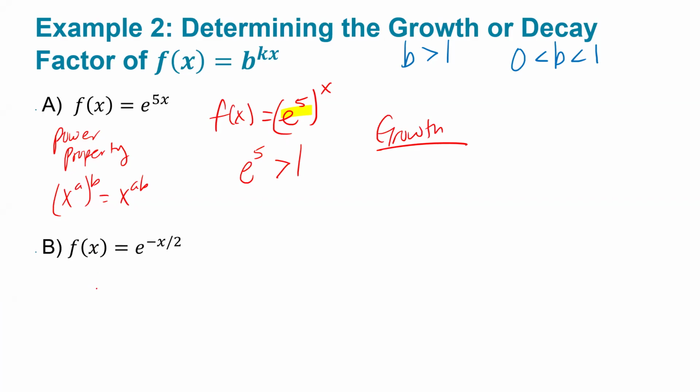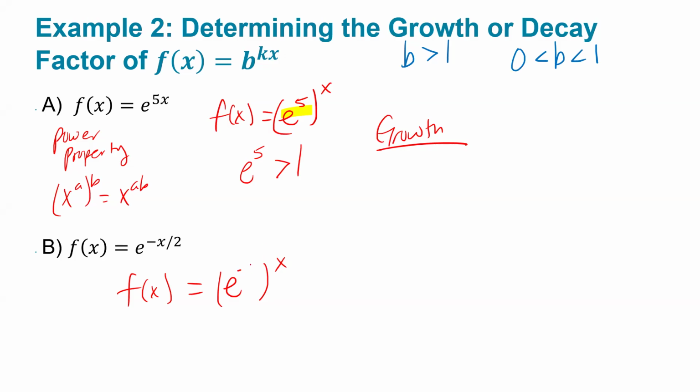So we're using the power property for example B, and we have e to the negative x over 2, okay? So when we use the power property, we're keeping the e, but we're separating the x. So when we take out x, what we're left with is what? If I have a variable there and there's no number, what number's there? 1. Casper the friendly 1.